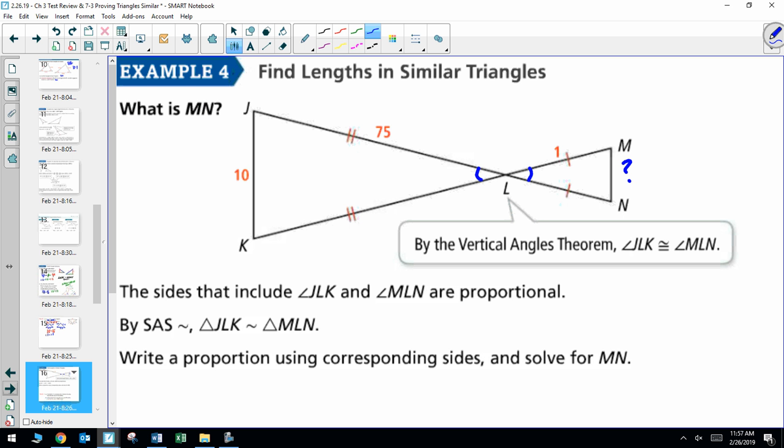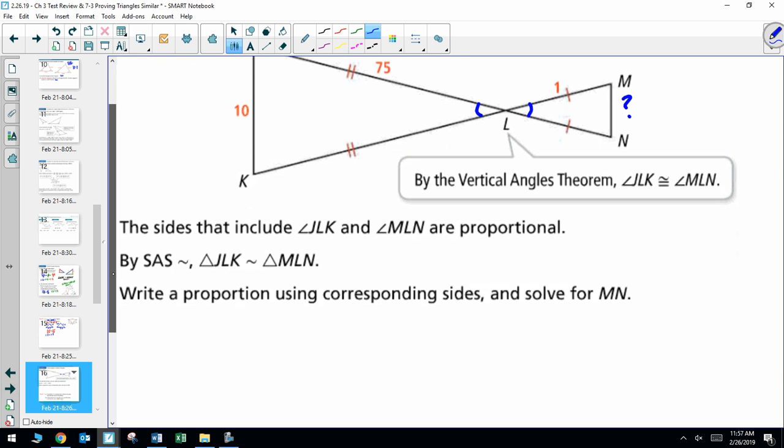You would just multiply that by 10 instead of finding out what you have to multiply by 75 to get 10. If that's confusing, I'll do it too. But my scale factor is 75. So essentially the question is, what do I have to multiply by 75 to get 10? Or what is 10 divided by 75?